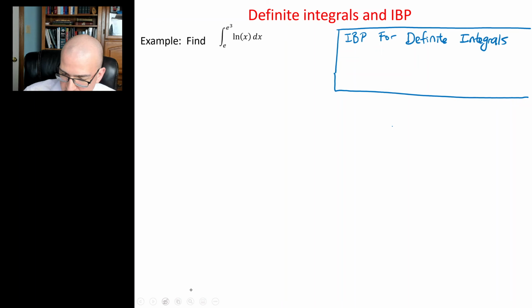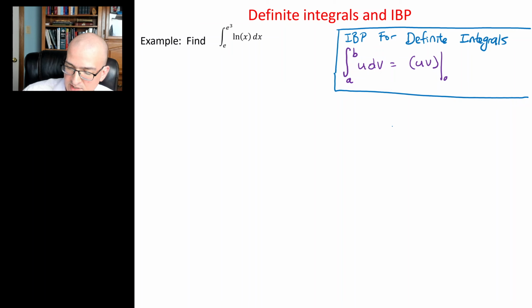Here's your formula. The integral from a to b of u dv is equal to u times v evaluated from a to b minus the integral from a to b of v du.